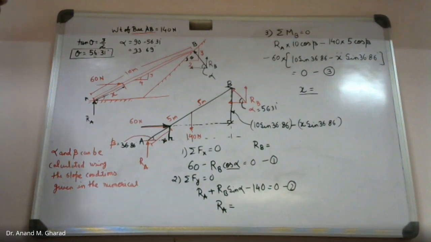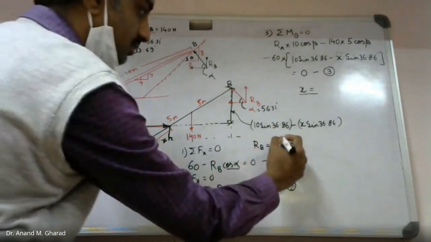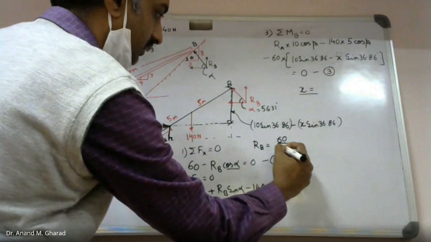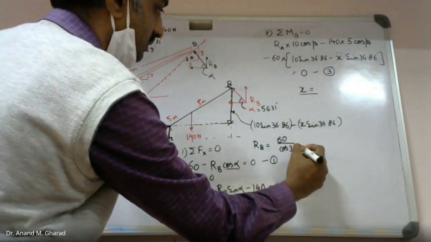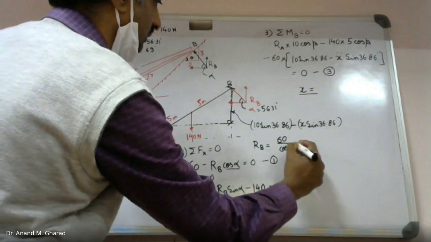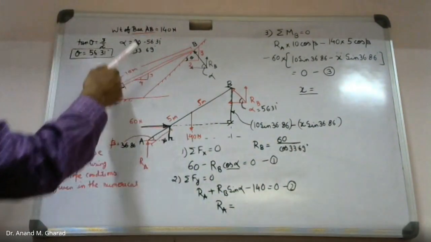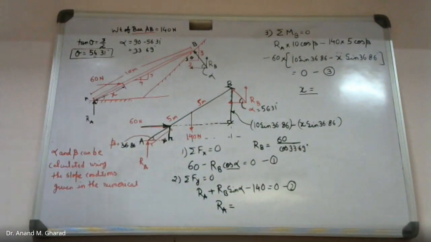One of the biggest problems is that if you choose guess roots, P1 and P2 are not equal to guess roots. So if you choose a guess, RB will be equal to 60 divided by cos of 33.69. This is one of the biggest drawbacks of this particular method, so please note that.